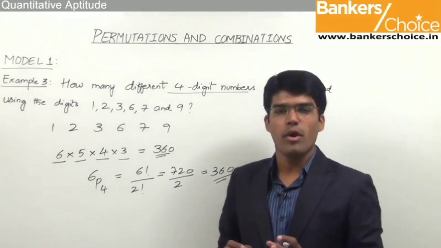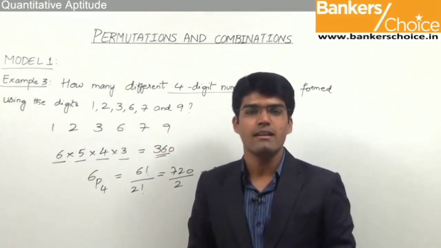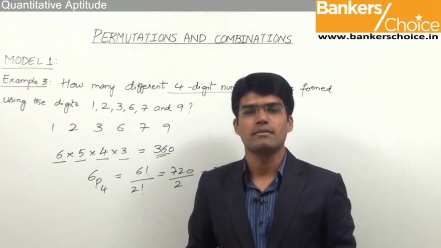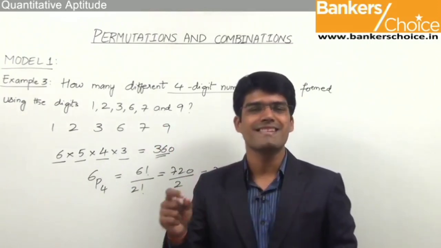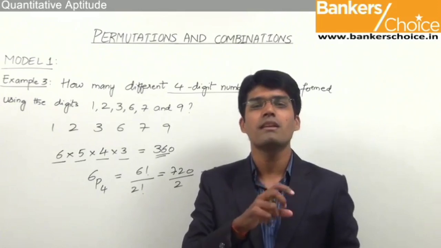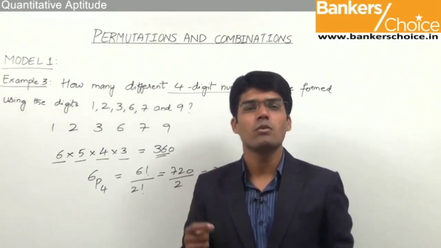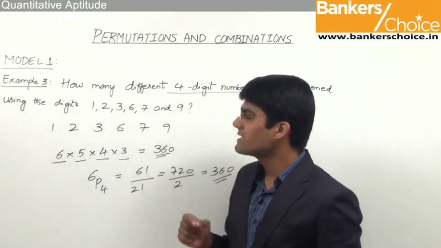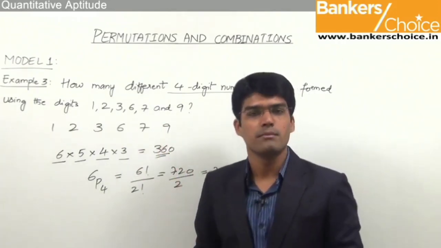One very important point that we can observe from the various examples that we have discussed in model 1 is that objects can be of any type. For instance, in example 1, we did the arrangement of persons in a straight line. So there the objects were nothing but the different persons. In example 2, the objects were letters of the given word banker. And in example 3, objects are nothing but the digits which are used to form different numbers.